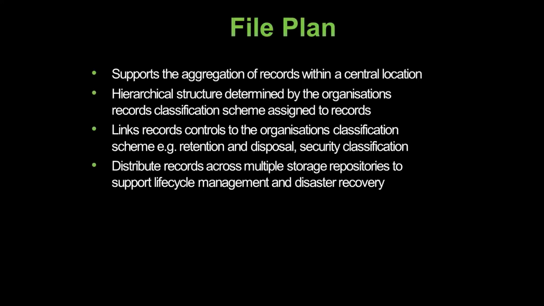And really, where records live is dependent on the records classification or the records metadata that has been assigned to them. The file plan also gives us an immediate way in which we can link certain records controls to the organization's classification scheme, such as retention and disposal, security classification, or additional elements of records management metadata.